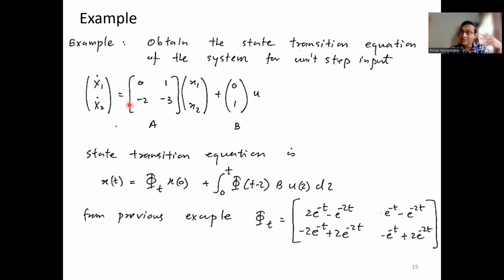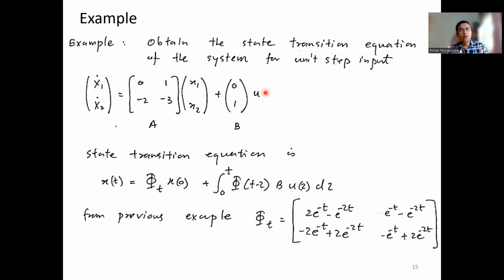This is what is called the system matrix. Don't get confused. We have different matrices, like the state transition matrix. And this one is capital A, which is the system matrix. And then we have the control signal connected to the second state variable and its rate of change. So we write it this way.